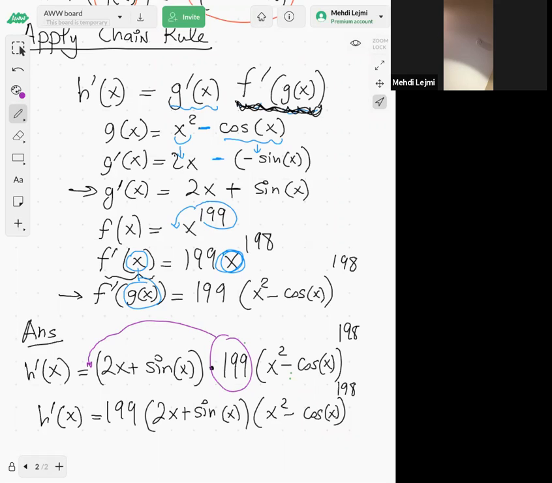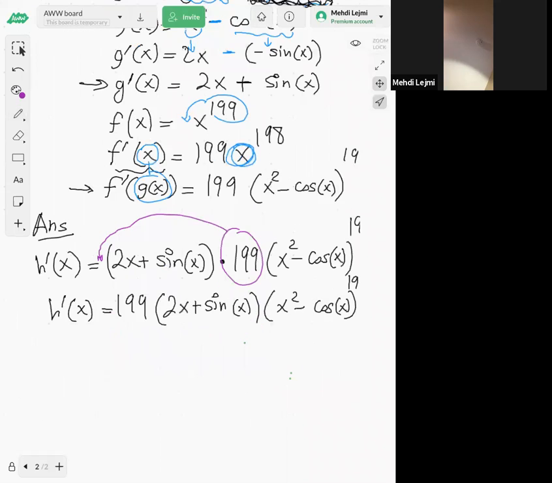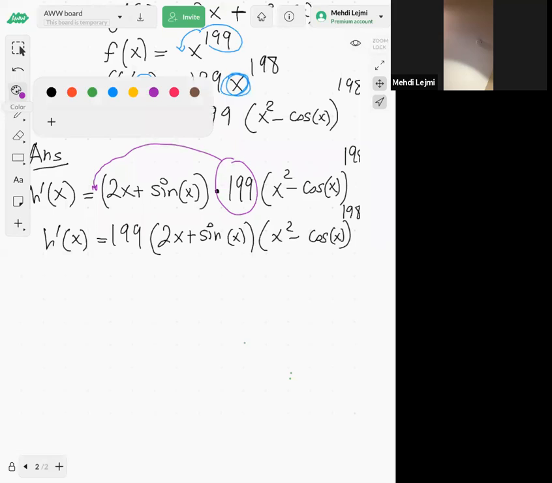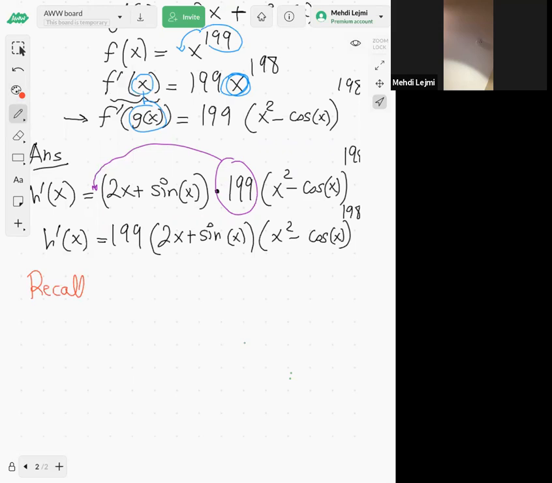And actually, last time I talked about some consequence of the chain rule. So let me just remind you this corollary. We said if you have h of x equal to some function g of x to the power n, then this is a consequence again of the chain rule.